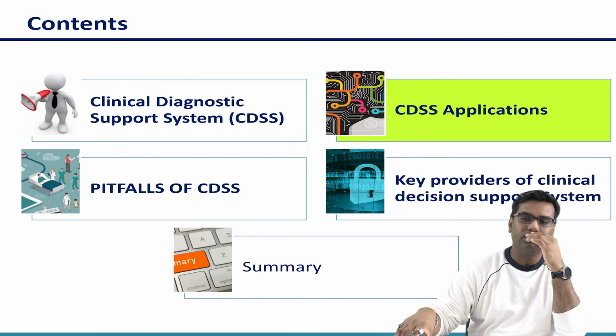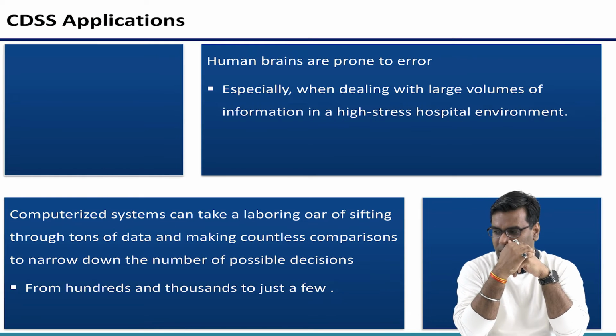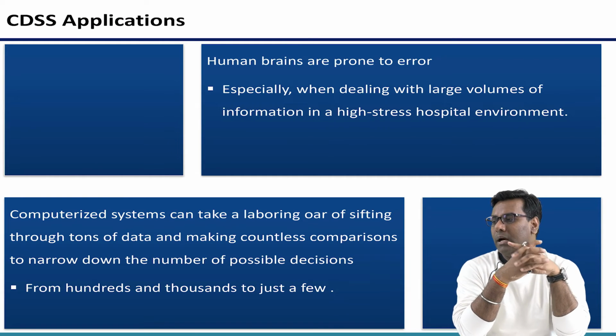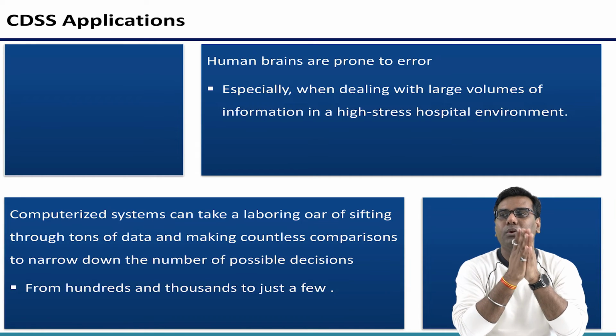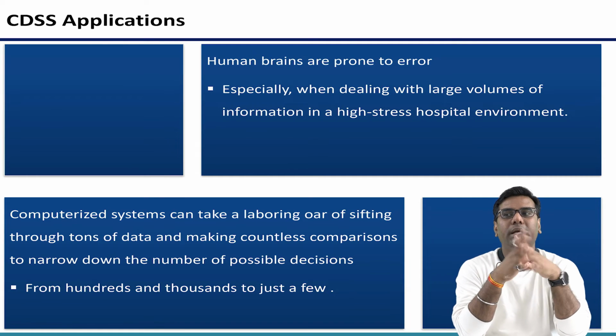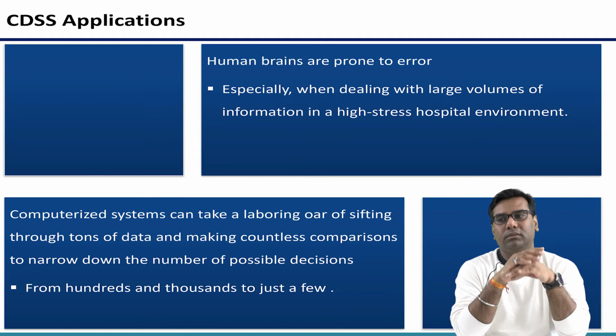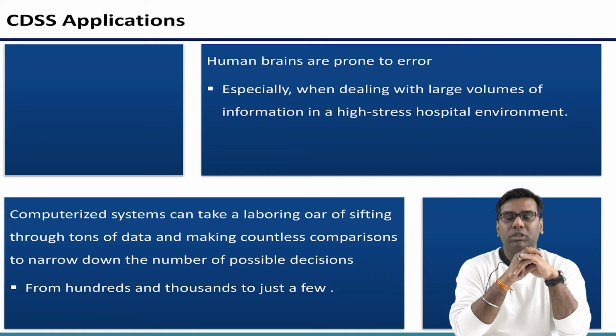What type of applications does the CDSS support? As the human brain is prone to error, especially when dealing with a large volume of information in a high stress hospital environment, a computerized system can take on the laborious sifting through tons of data and making countless comparisons to narrow down the number of possible decisions from hundreds of thousands to just a few.